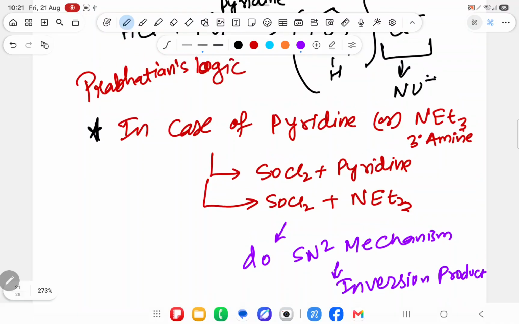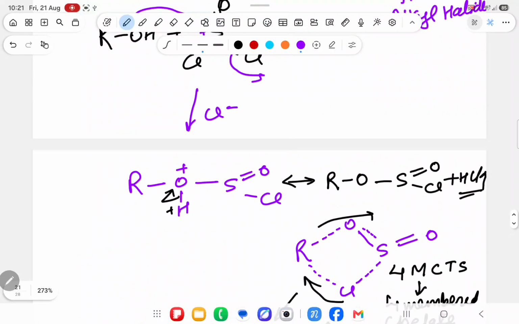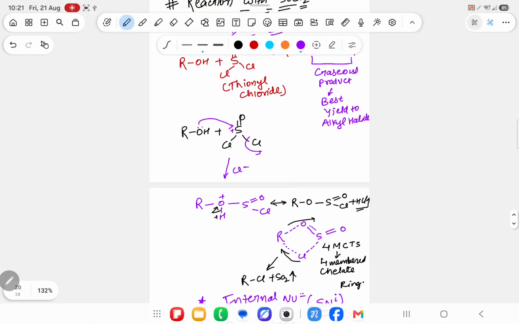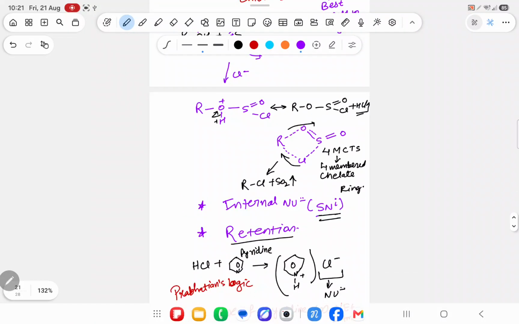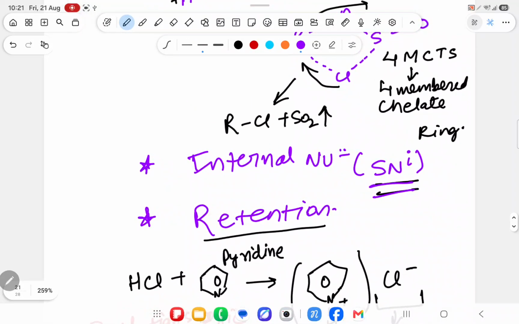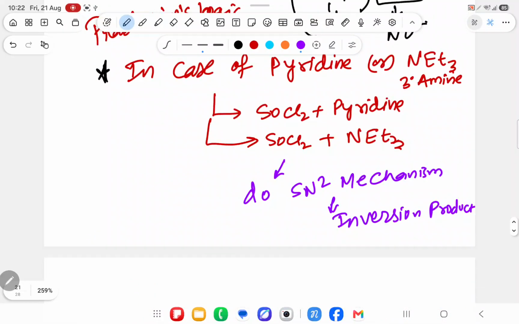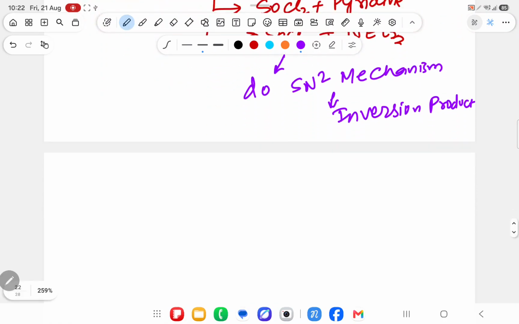Means in Darzens' method with only SOCl2, it will give the retention product by the SNi mechanism. But if you use SOCl2 plus pyridine or SOCl2 plus NEt3, the name Darzens' method is the same, but it will follow the SN2 mechanism and give the inversion product.